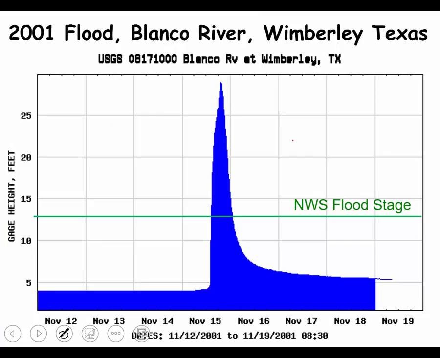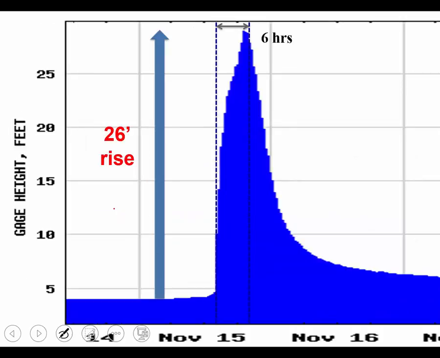Fortunately, we can combine that with the record for that particular gauging station, and we see that the elevation of 28 feet above the gauge height was well above flood stage. And in fact, if we look at it carefully, there was a 26-foot rise in 6 hours. Now that's kind of typical of flash floods we get in relatively small drainage basins where there's not much of a lag time, and in the case of the hill country where we get some really intense rains.